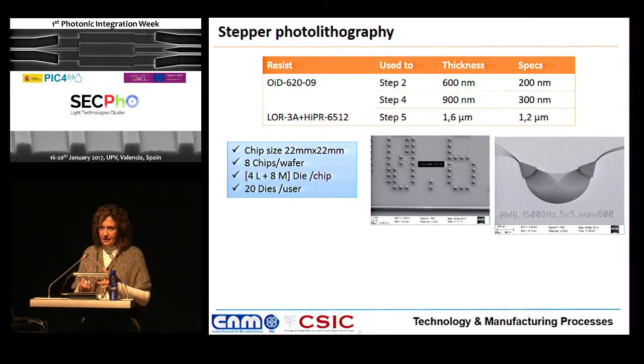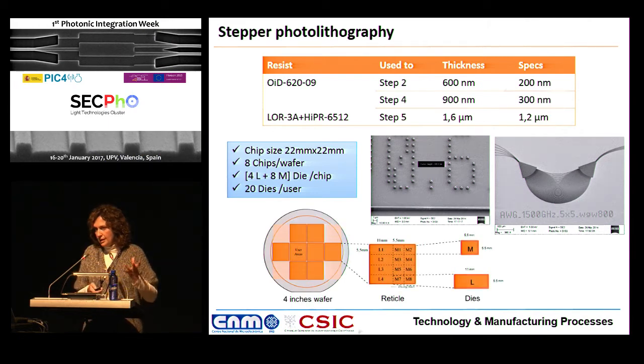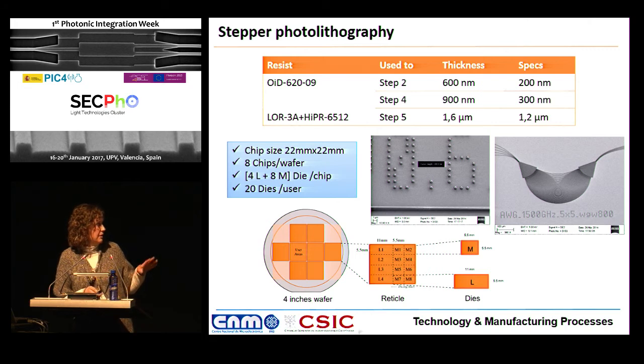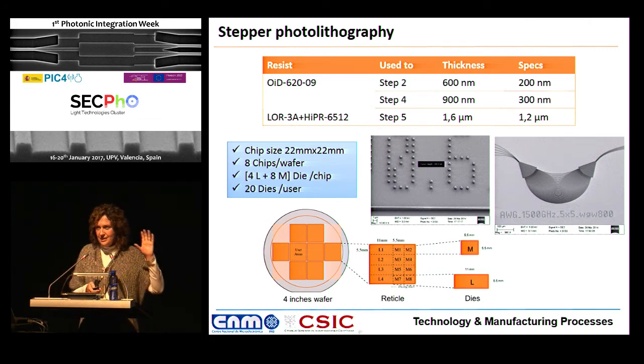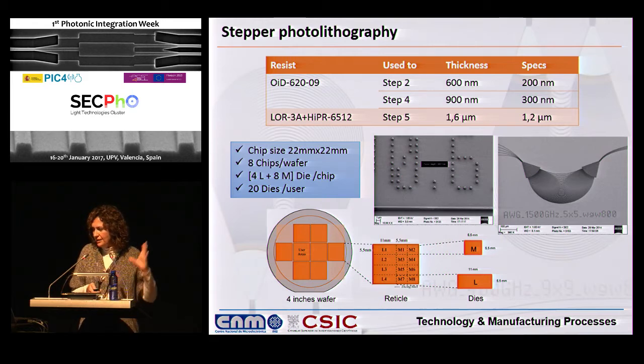We normally get 20 dies per user. Here is a schema of the numbers that I told you, where you can see how the chip is drawn or patterned on the wafer.